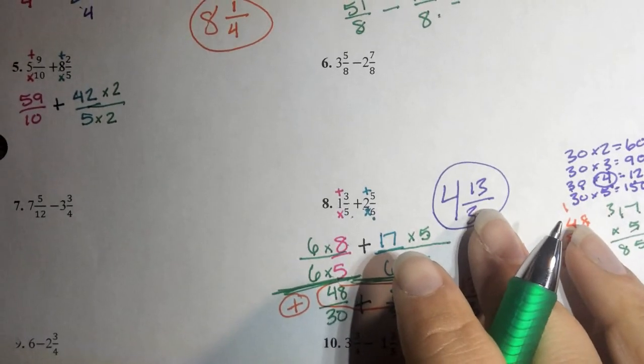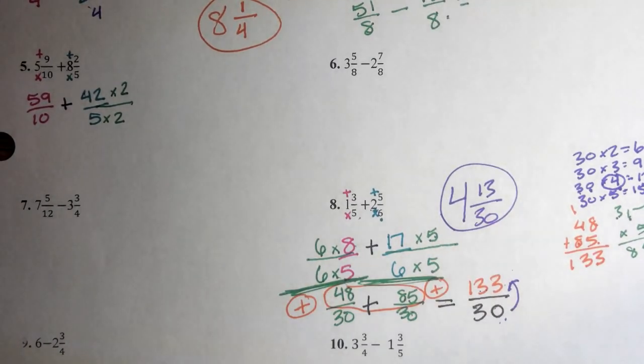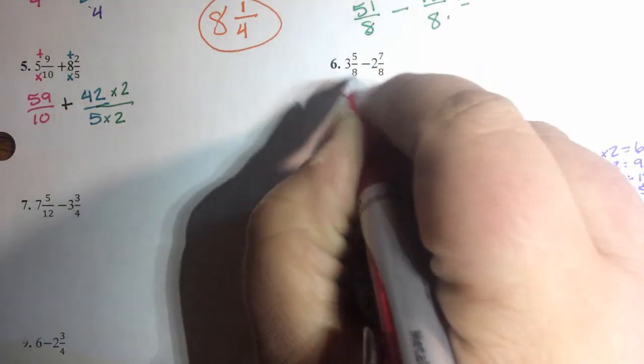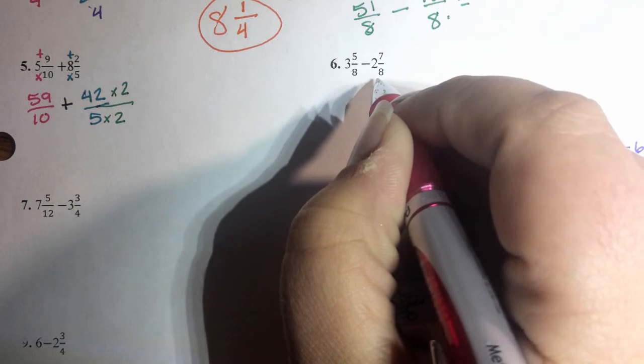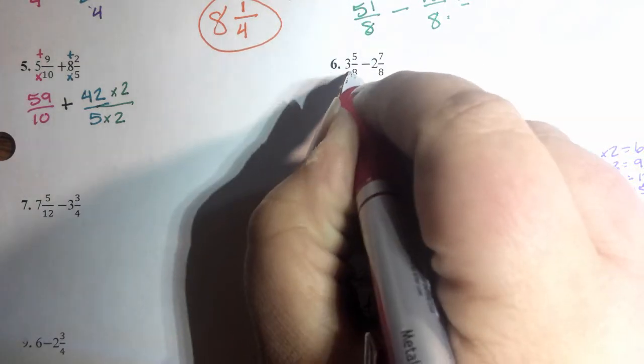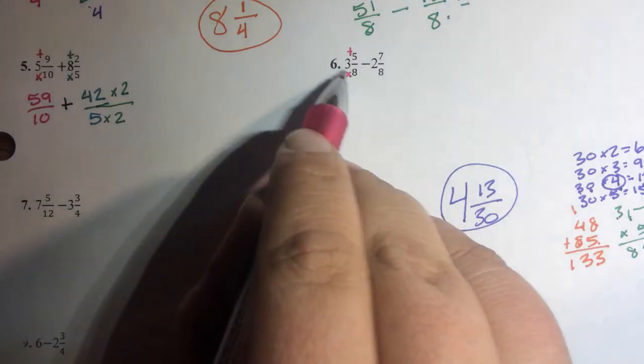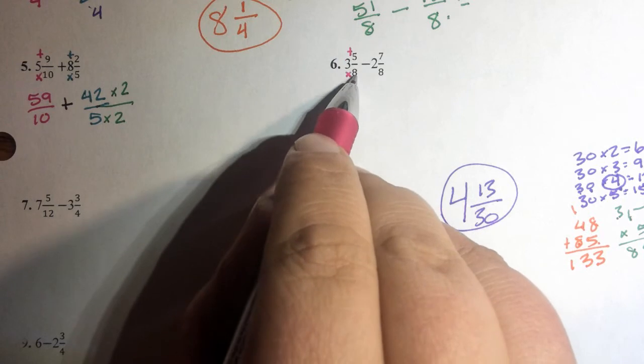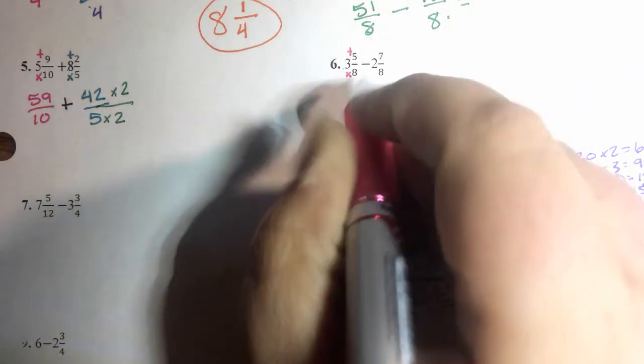Looking at number 6, 22:51. So we're going to make them improper fractions. So 8 times 3 plus 5, denominator times whole plus numerator. 8 times 3 is 24, plus 5 is 29.